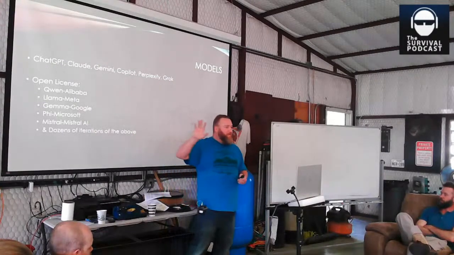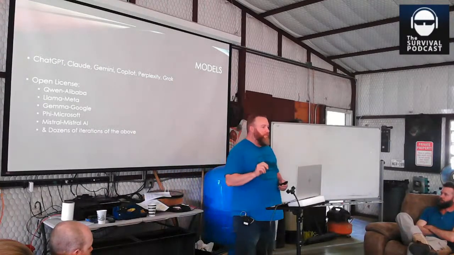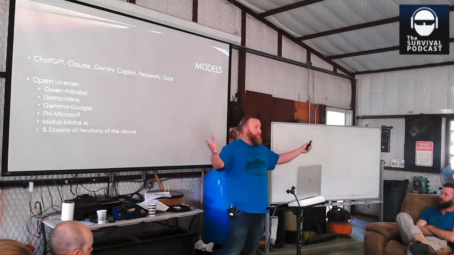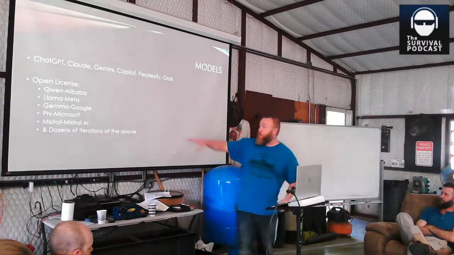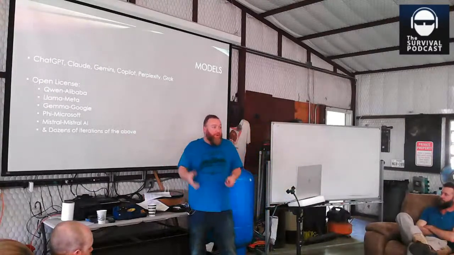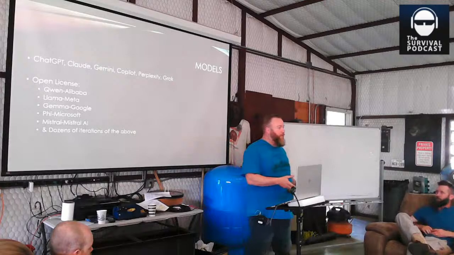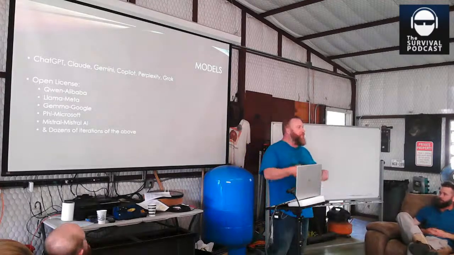Meta spent hundreds of millions of dollars to make Llama and then just put it out there for everyone to use. So you can take these open license versions and put them on your own air-gapped computer, for example, and use them locally and prompt engineer them.